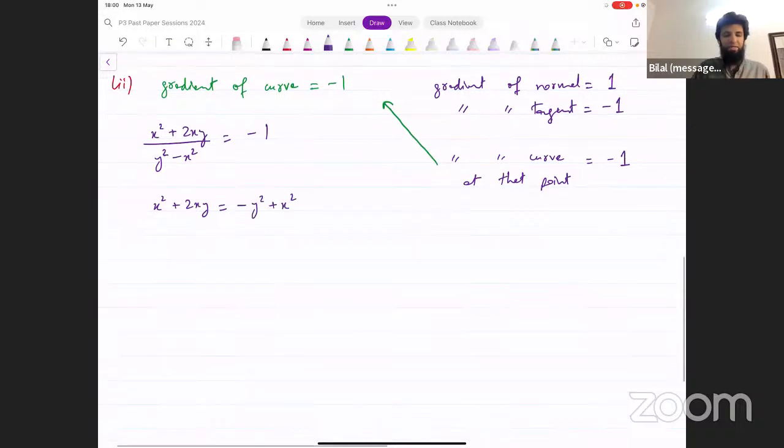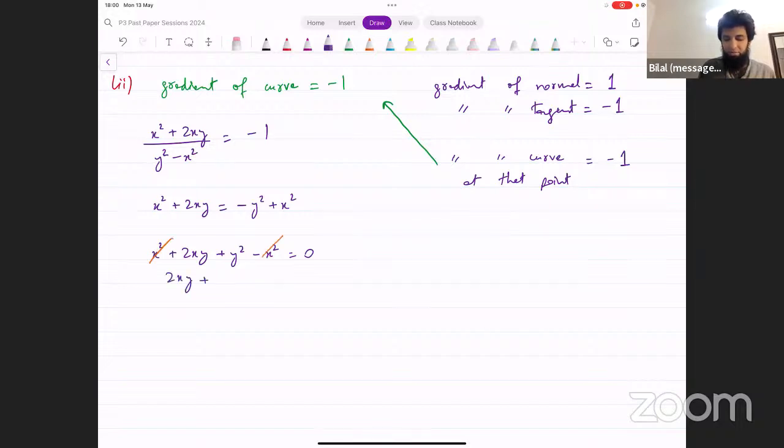Now x squared and x squared on both sides will get cancelled. Let me take everything to one side, and that will give me x squared plus 2xy plus y squared minus x squared equals 0. X squared and x squared get cancelled, and we are left with 2xy plus y squared equals 0.